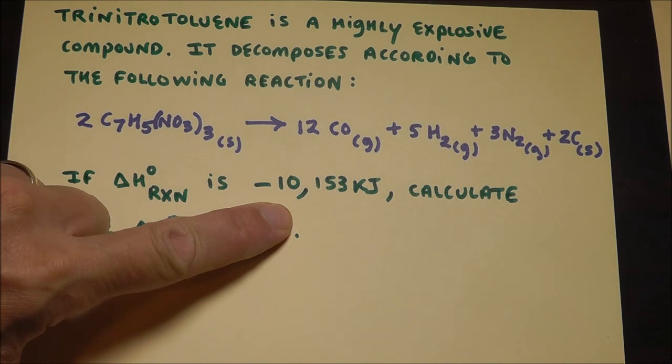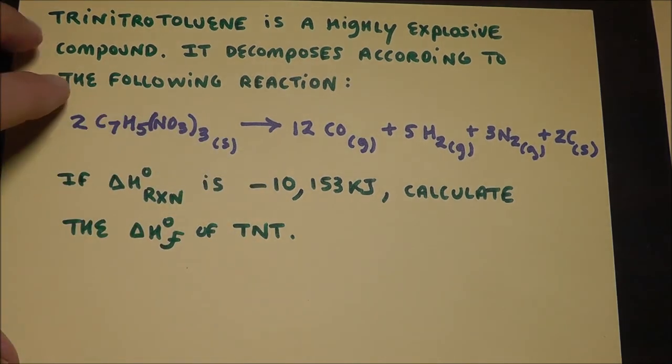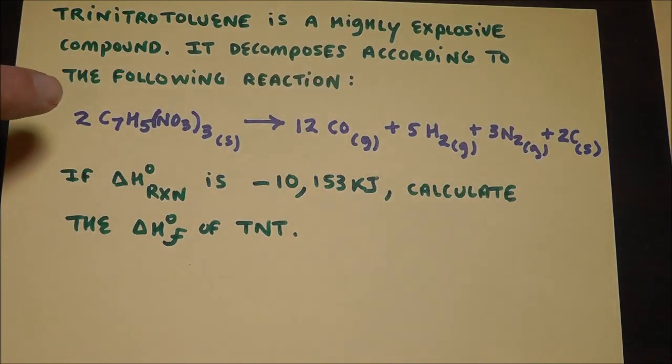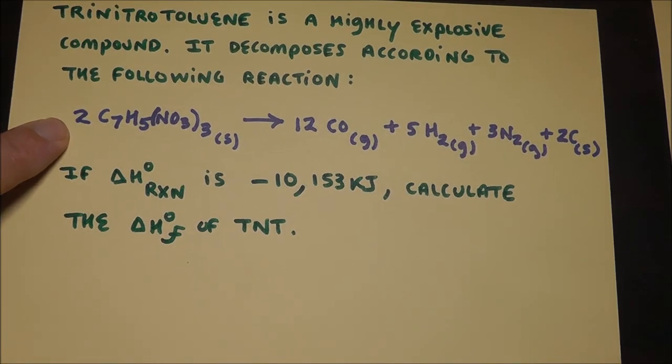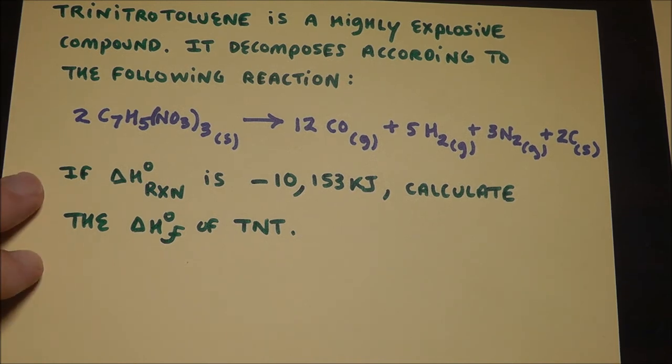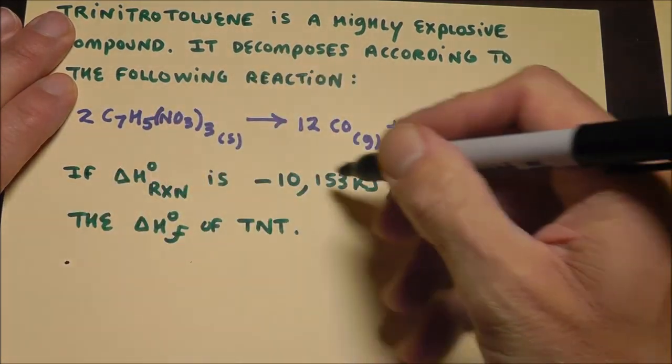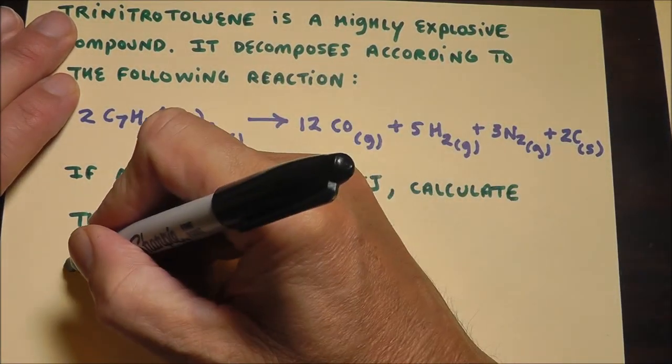You do something like this. Here we're being told that it's 10,153 kilojoules for this reaction, which, by the way, has 2 moles. And so let's go ahead and set it up as products minus reactants, except this time we don't know the answer. So I'll go ahead and write it out. It would be the sum of the products.